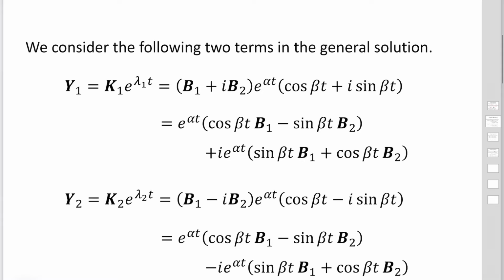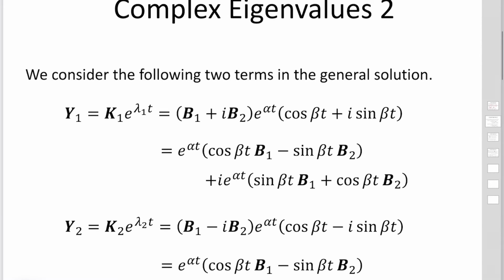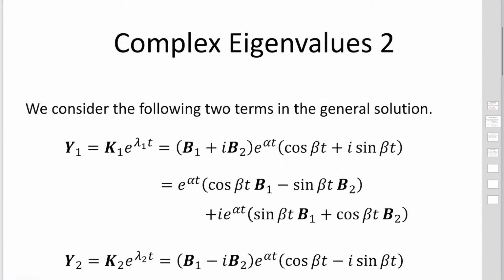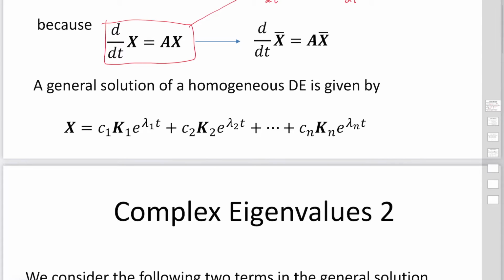We consider the following two terms in the general solution, y sub 1 and y sub 2. This corresponds to y sub 1 and this corresponds to y sub 2. But y sub 1 and y sub 2 are functions with complex numbers, so we'd like to transform them into a more convenient form.